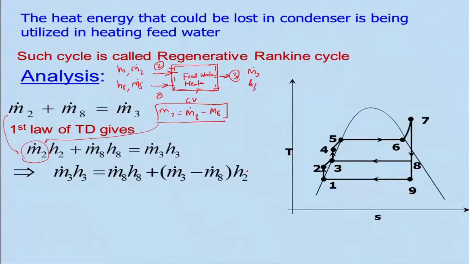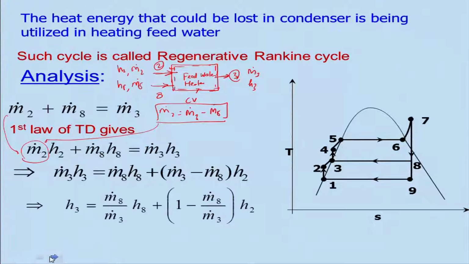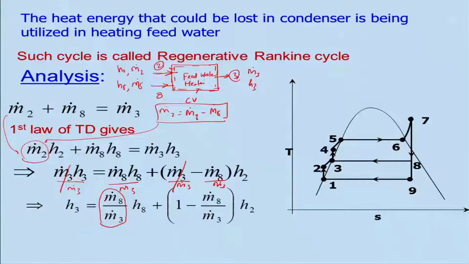If I divide this by m dot 3, what will I get? The m dot 3 cancels out in the terms. So, I will get h 3 equal to m dot 8 by m dot 3 times h 8, and so on. The m dot 3 is the total amount of fluid passing through, and m dot 8 is what is extracted.